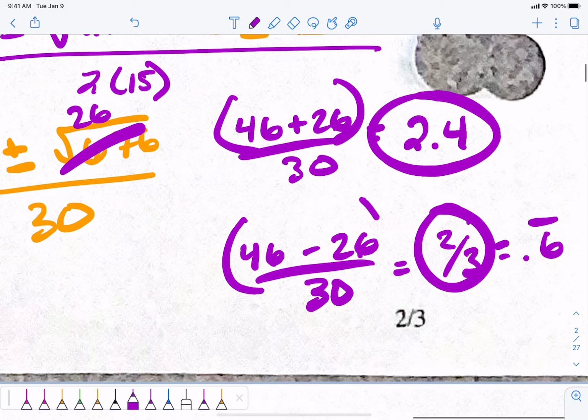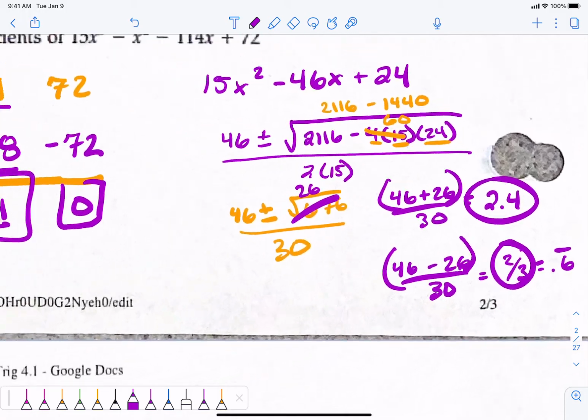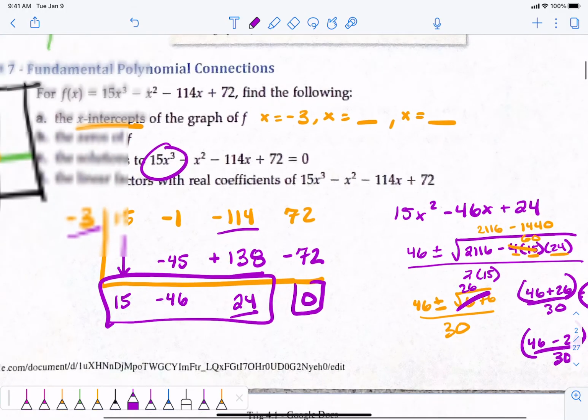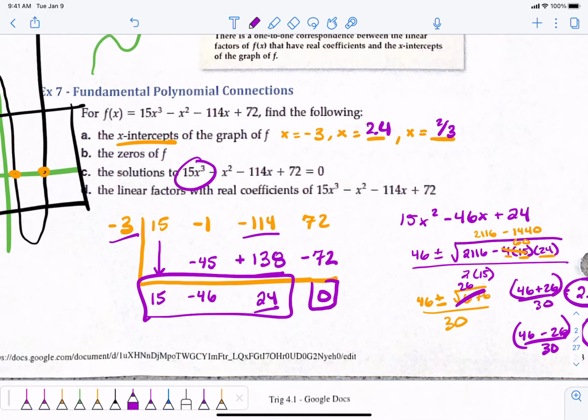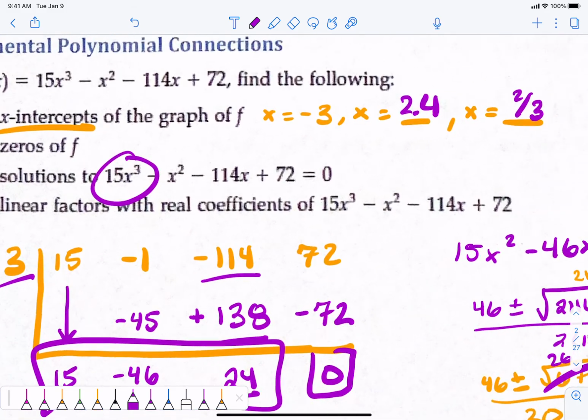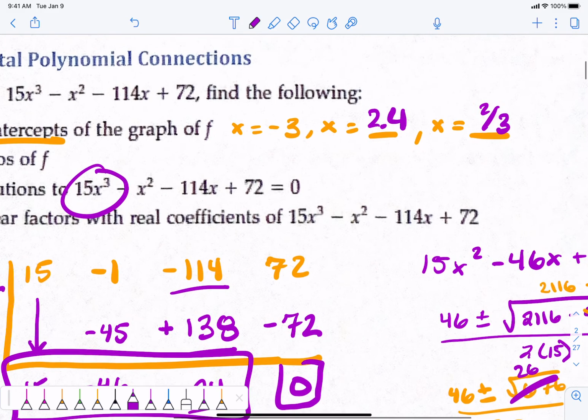You can either put it in as a fraction, or if you're doing the whole thing across, you put the top in parentheses. So 2.4 and 2/3 are the other two.